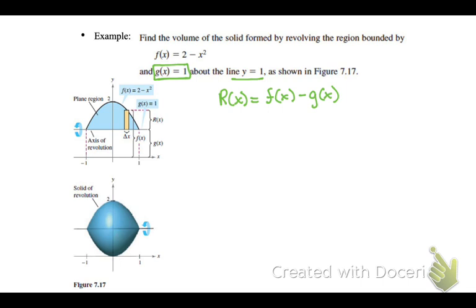Now, if it's on the x-axis, g of x is 0, yes? So when I subtract it, does it do anything? No, it just stays the same. So for here, f of x is 2 minus x squared minus 1. So I'm pretty sure that is 1 minus x squared. Okay, so that's my r.